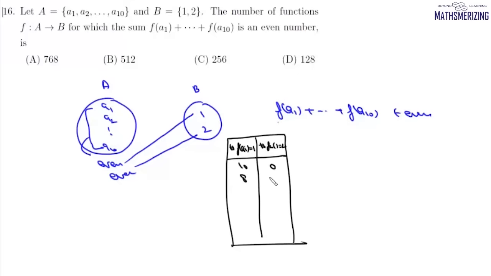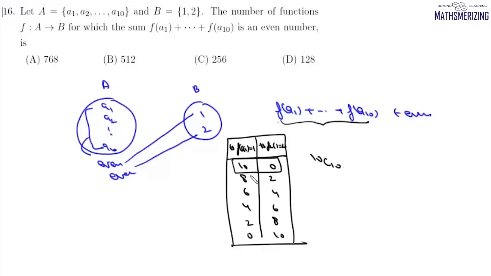Another one is 8, 2; 6, 4; 4, 6; 2, 8; and 0, 10. In all these 6 cases, this summation of f(ai) will be an even number. Now how many such functions exist in which all 10 elements are mapped to 1 and none of the elements is mapped to 2? This can be done simply in 10C10 ways.